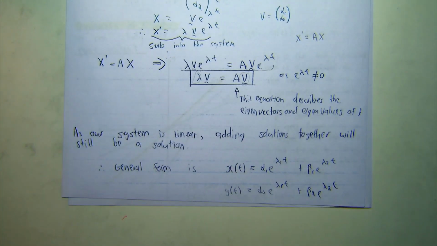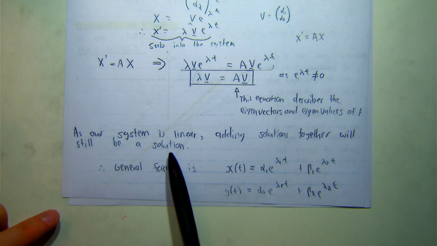Okay, and as our system is linear, adding solutions together will still be a solution. So if we work out multiple eigenvalues and vectors, and usually you can find two real eigenvalues with eigenvectors corresponding to them, stacking them on top of each other will give us the general form of the solution.